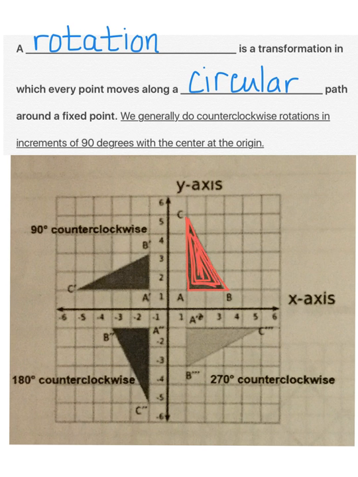When I rotate triangle ABC 90 degrees, I'm moving point A 90 degrees to A prime, point B 90 degrees to B prime, and point C 90 degrees to C prime around the origin. Let's look at how we perform this operation, and then we'll go over some tricks.